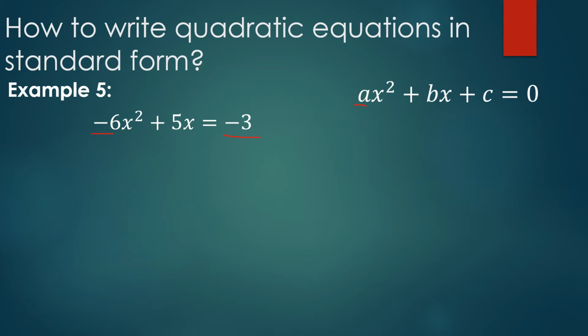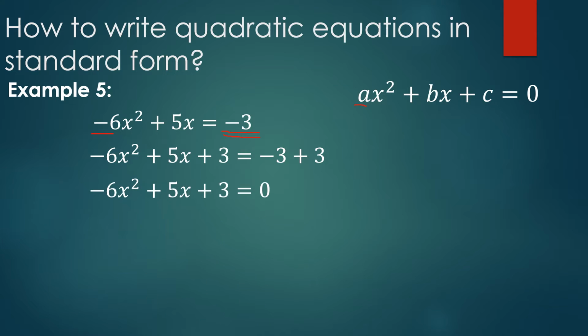First, let us make the right side equal to 0. How are we going to do that? It is by adding the opposite of negative 3 to both sides of the equation, which is positive 3. By the addition property of equality, we add positive 3 to both sides. And we all know that negative 3 plus 3 is equal to 0.